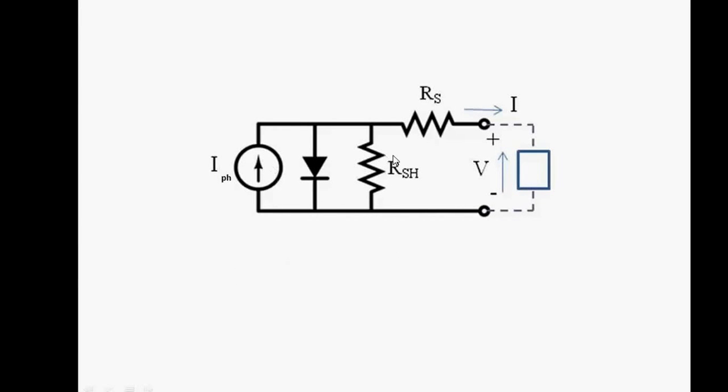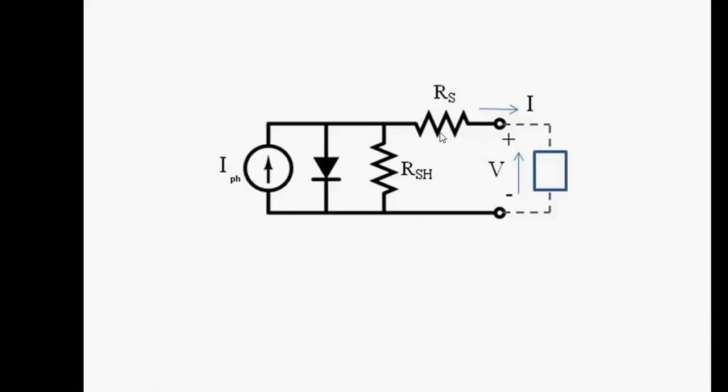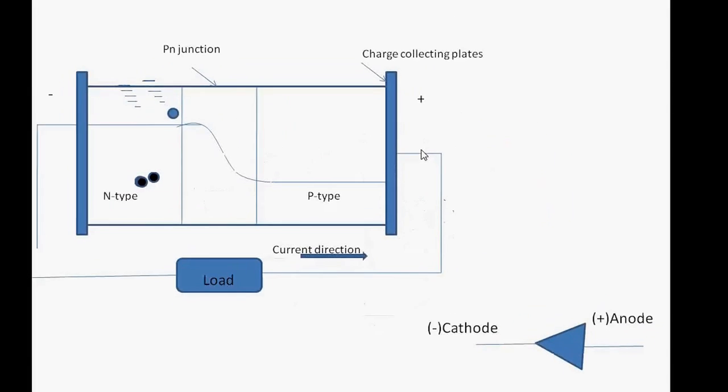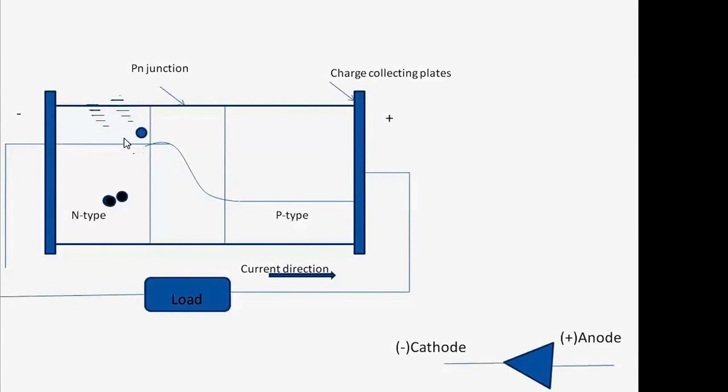So this is the PV cell equivalent circuit, and this is the photocurrent and this is the diode, and RSH, and RS represents the series resistance. The series resistance is the resistance offered in this part.